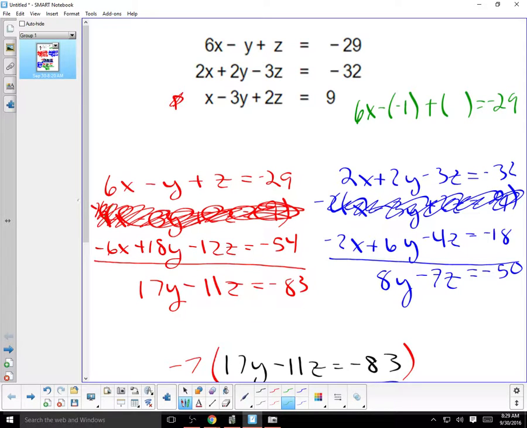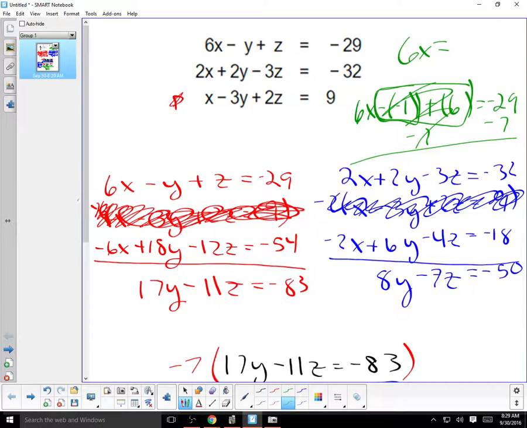How much was z? 6. So obviously that's a positive one, correct? So this together is 7. So I'm going to subtract 7. Gone. 6x is equal to negative 36. So x is negative 6. So x equals negative 6.